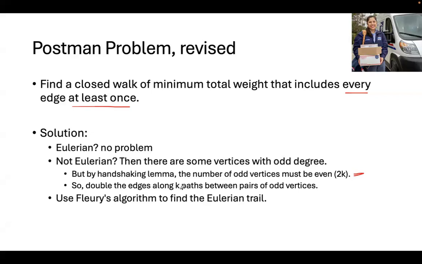We'll take the pairs of odd vertices and double the edges along the paths between those pairs. That's where Dijkstra comes in: we want to find the shortest path between these two vertices and then just double the edges along that path. Once we do that, we use Fleury's algorithm to find that trail.